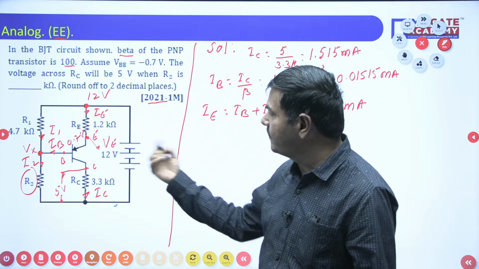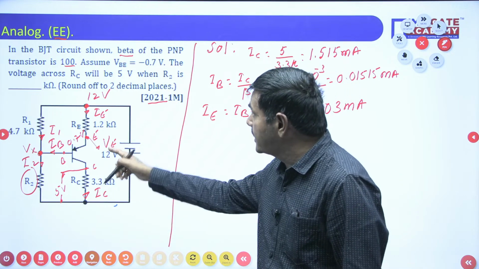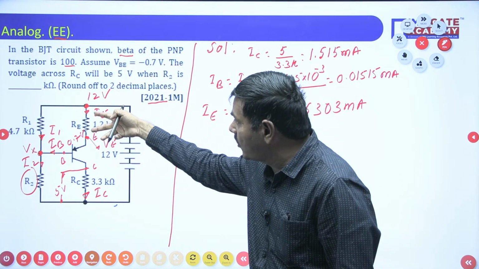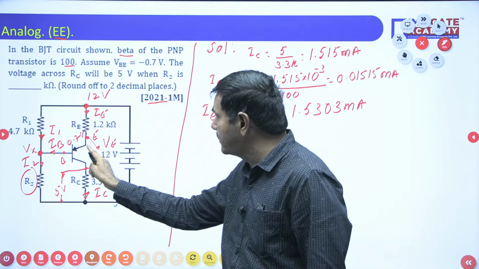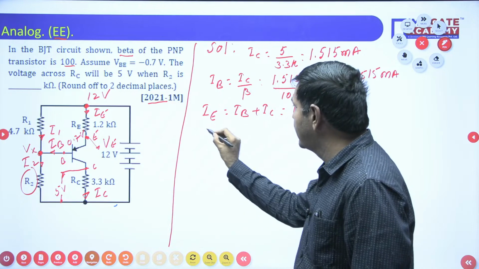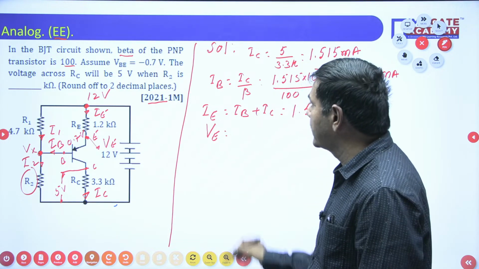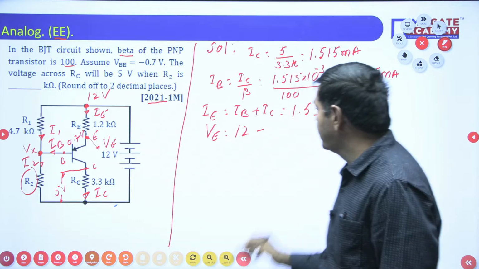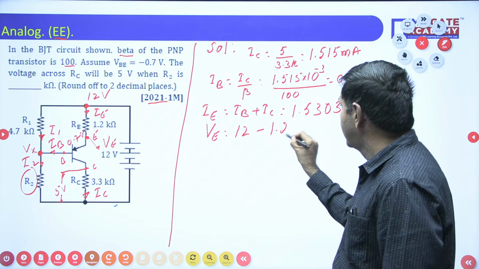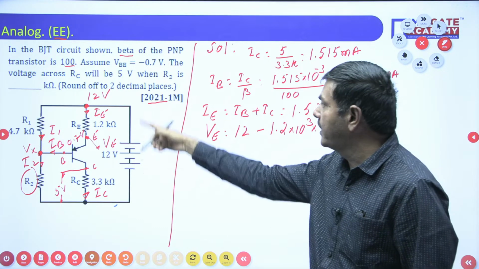Now we require some voltage, Vx or Vy or Vz. This voltage is nothing but 12 minus the drop across RE, which is VE only. I say this VE, the emitter voltage, is 12 minus 1.2k into IE.